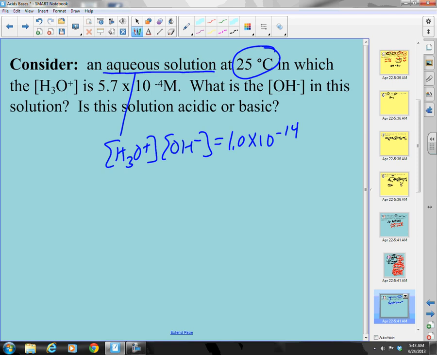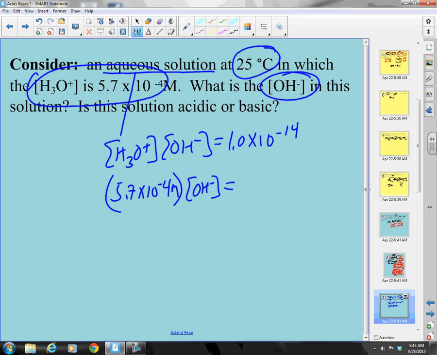They tell me what my hydronium concentration is. Good. And then they want to know my hydroxide, piece of cake, right? I substitute 5.7 times 10 to the minus 4th molar times my hydroxide concentration, now we can drop the molar, equals 1.0 times 10 to the minus 14th.